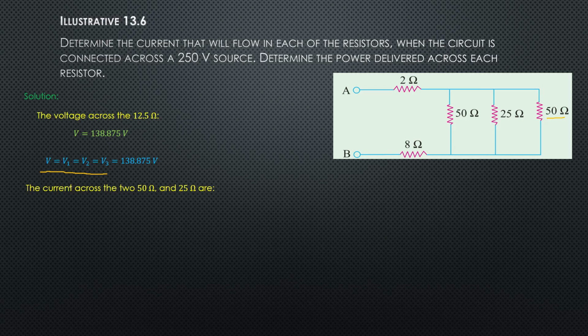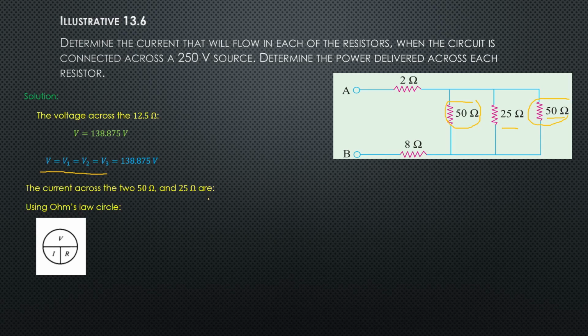Okay, now the current across the two 50 ohm and the 25 ohm resistors, using the Ohm's law circle.